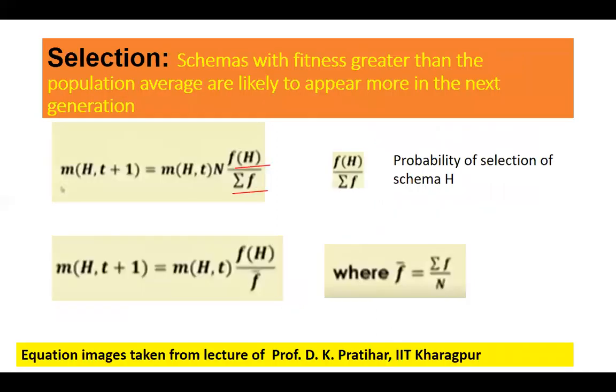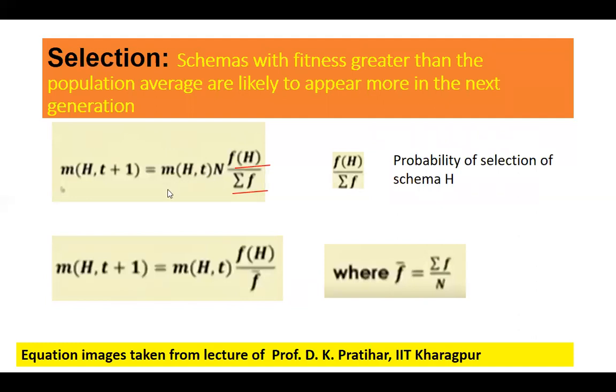Fine. Now selection. Let us find out what will happen to schema H at the t plus 1 generation, if we know m(H,t).